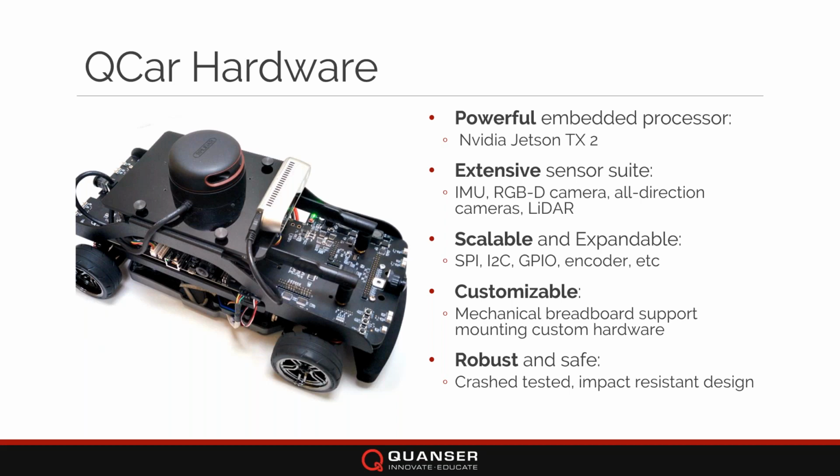It's an NVIDIA Jetson TX2 processor that is accompanied with a fairly extensive set of sensors: IMU, RealSense RGBD camera, and all-direction cameras. So we have 4 cameras facing in each of the directions, as well as a LiDAR on top to have all-around awareness and sensing.